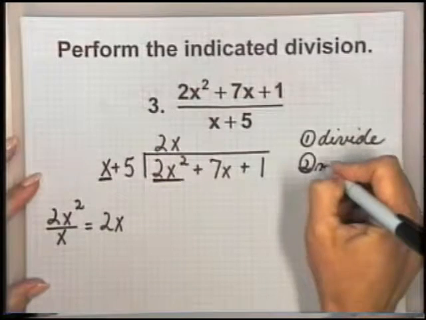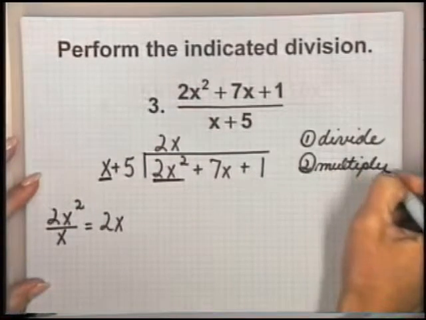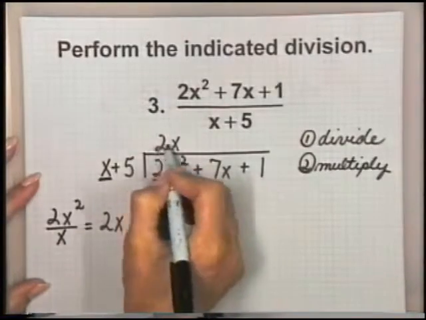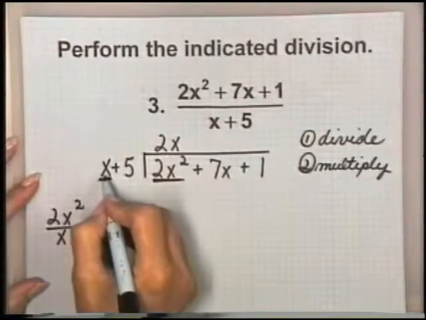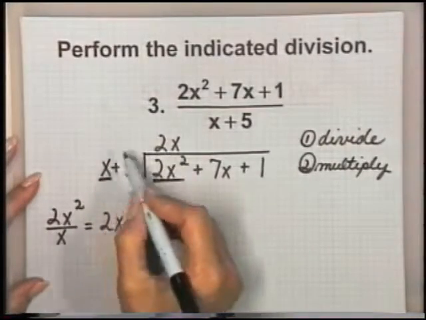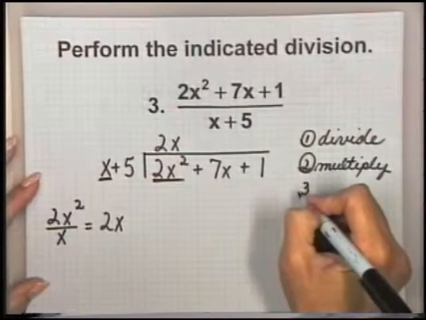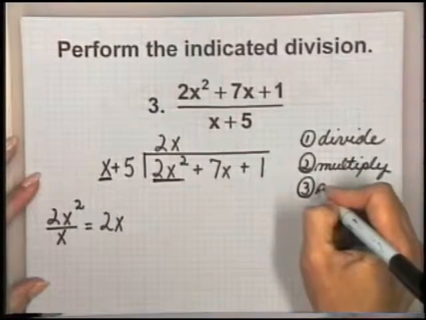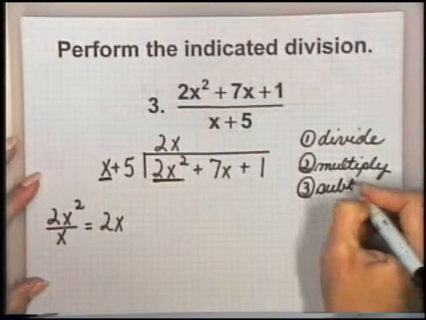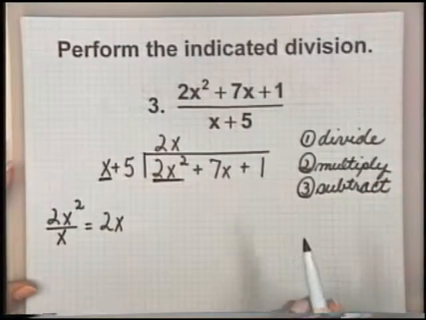My second step was to multiply. When I multiply, I take this 2x and I multiply it by every term in the divisor. So I'll say 2x times x and 2x times 5. Now let's look ahead here. What is my third step? My third step is to subtract.